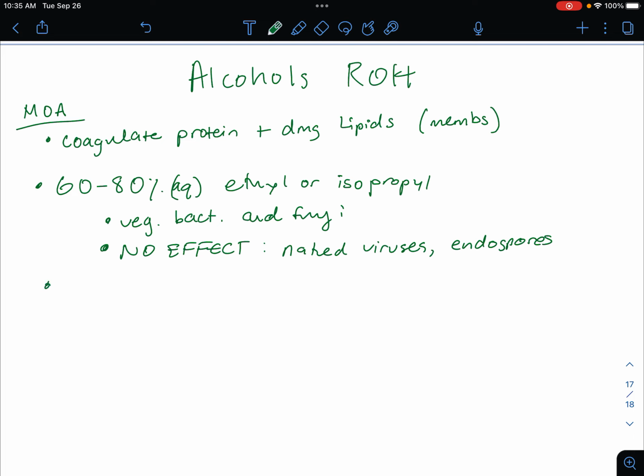So this is used as both an antiseptic as well as a disinfectant. Alright, so from last video when you're going over physical means, antiseptic means it's a chemical or a method that's going to be used on living tissues. And then disinfectant is for inanimate objects.